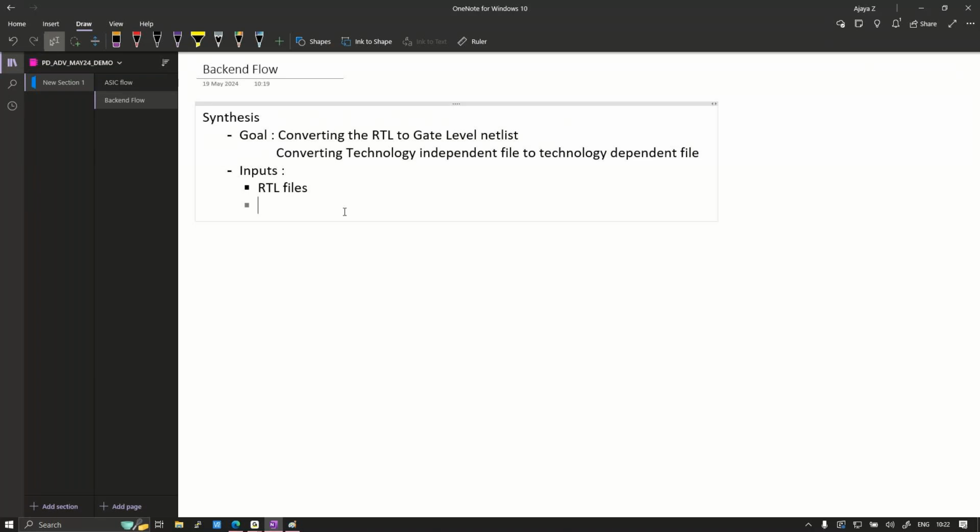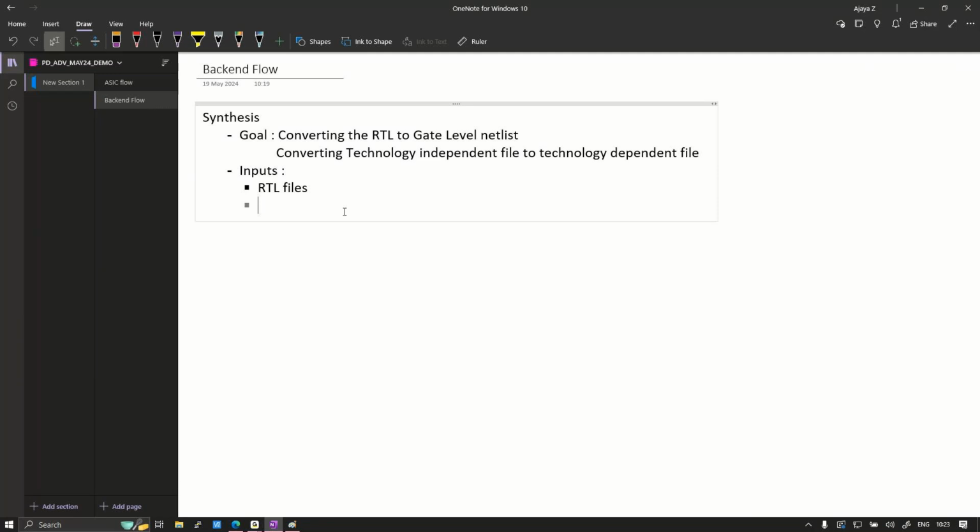The next is that I'm going to be converting it into a gate level netlist. That means I need the definitions of those particular gates, right? If I define it as a module, then it's not actually a gate definition. When I say gate, it's already in a manufacturing process and it is verified properly.